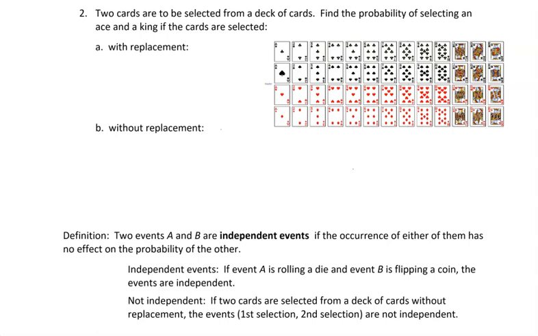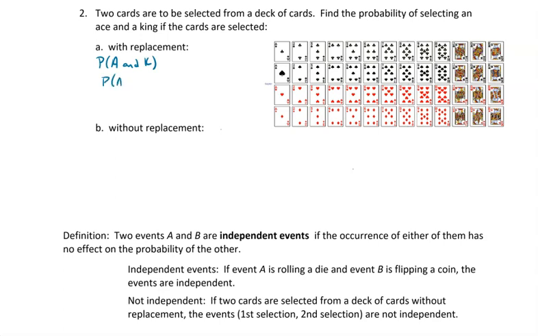So with replacement means that I'm going to select the card, I'm going to look at it, I'm going to put it back in the deck, I'm going to shuffle up the whole deck, and then we're going to pick our second card.